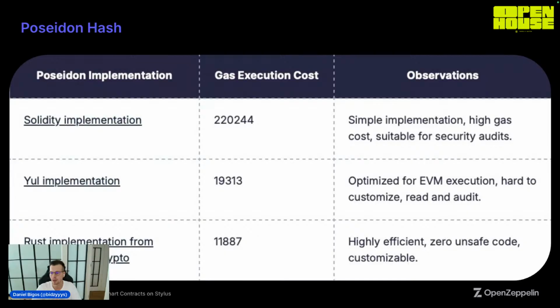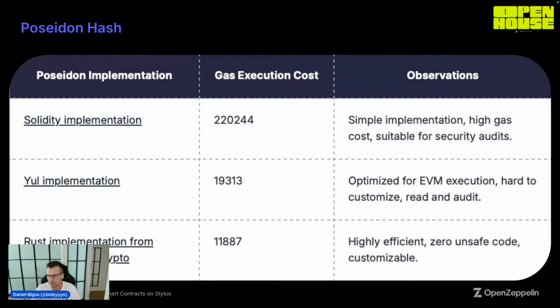So we benchmarked the pure Solidity implementation of the Poseidon hash. We also benchmarked the Yul implementation, which is really hard to read and maintain Solidity assembly code. And of course, we benchmarked our Poseidon implementation from OpenZeppelin crypto.